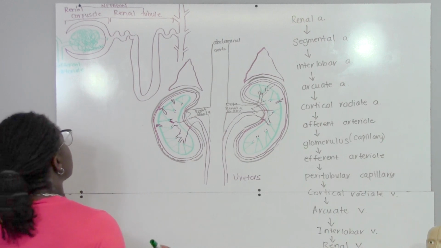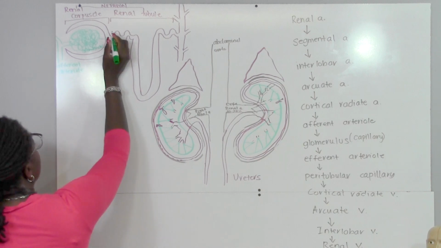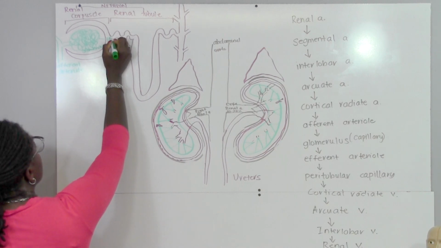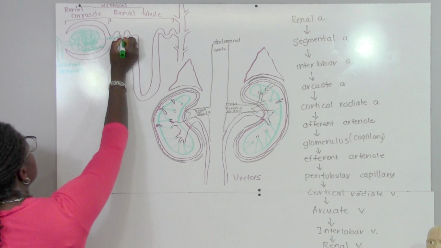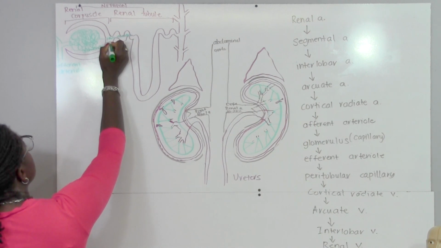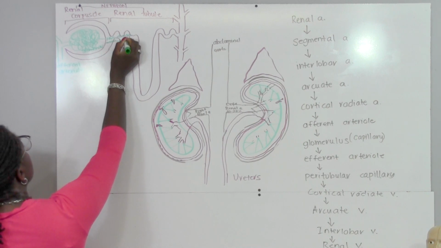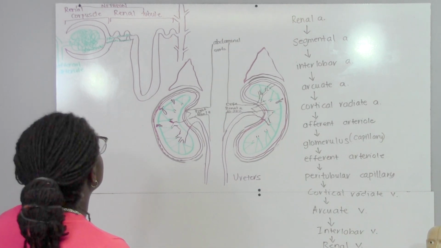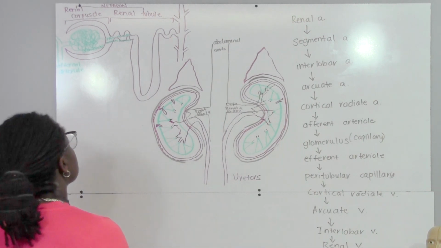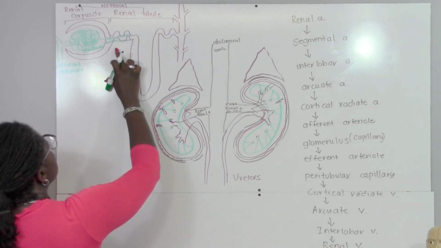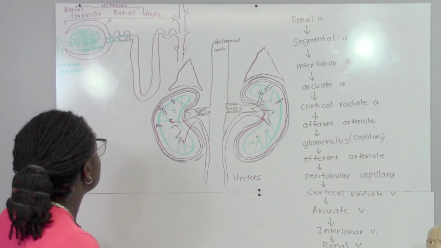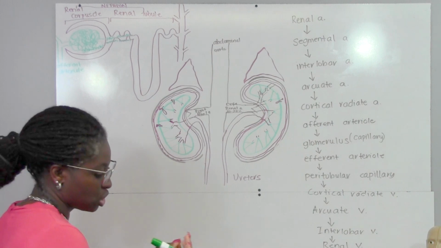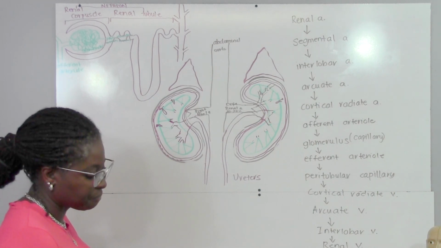So you'll remember in our plasma, all those components that we have include water, include electrolytes. We also have nutrients. We have hormones. And so everything except proteins and cells get pushed across here at the glomerulus. That process is going to produce a solution that is called filtrate.